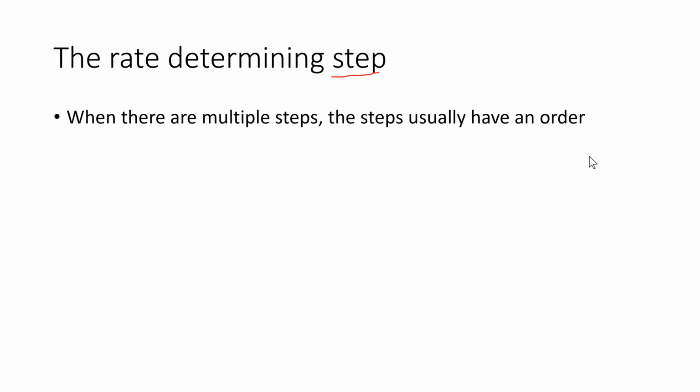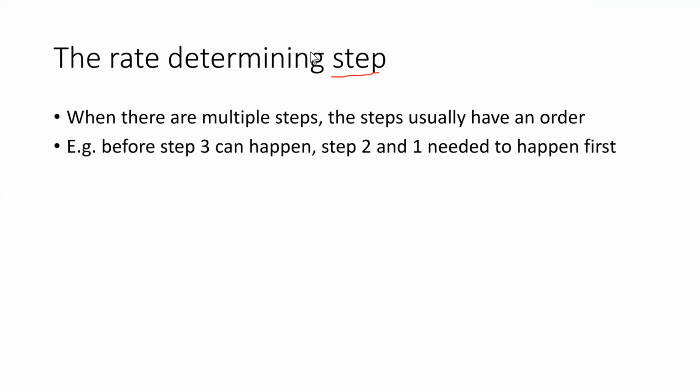So when there are multiple steps, the steps usually have an order. Like the one before, A plus B becomes C, I might have maybe 3 intermediate steps.